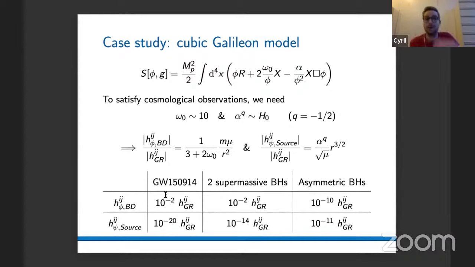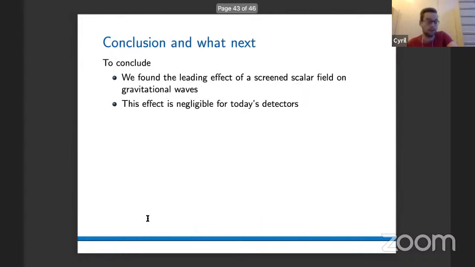Nowadays, our detectors have a sensitivity on the amplitude of the order of 10 to 20%, I think. It's not very precise. So for today's observations, we can conclude that the effect is negligible, but it might not be the case for a future detector.